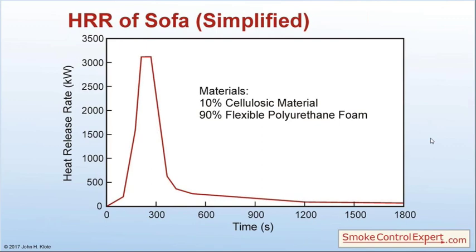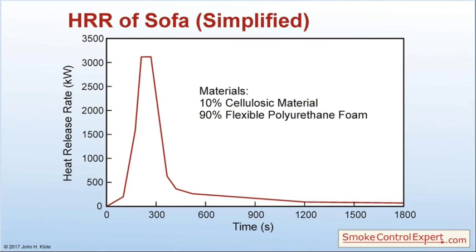And then in a day or so, that would be taken on up to an executive's office in the building. So that's a logic that could be used for a sofa. And this is a reasonably good fire. We see that it's a little more than 3 megawatts. And it's 90% polyurethane foam.